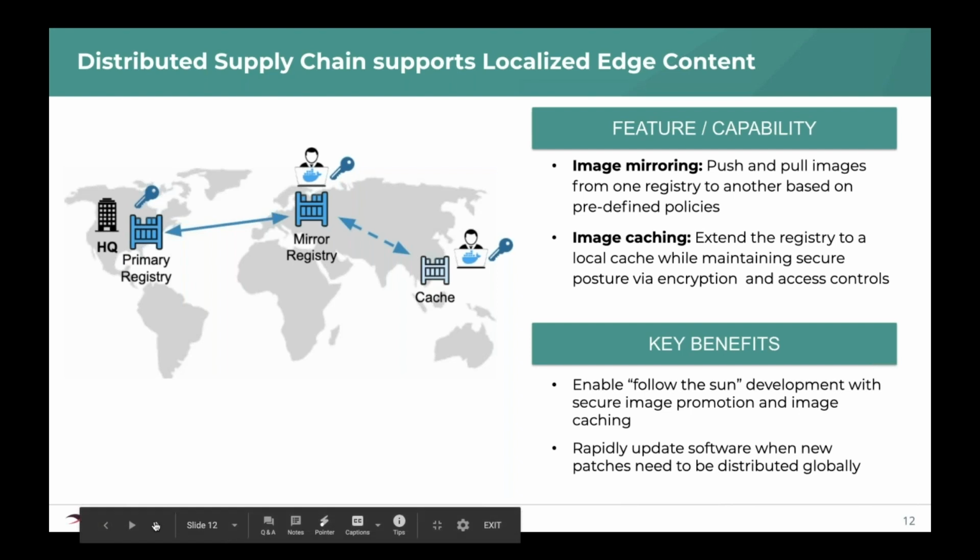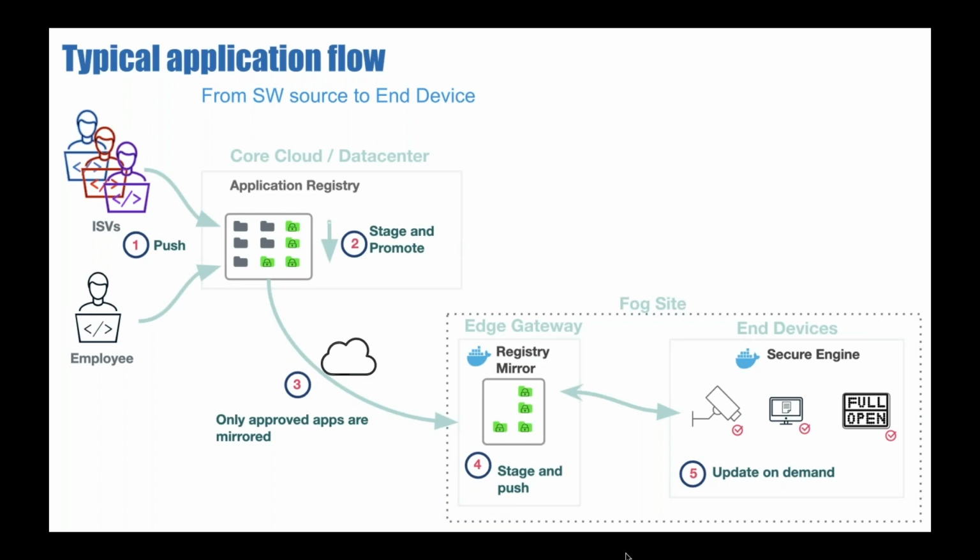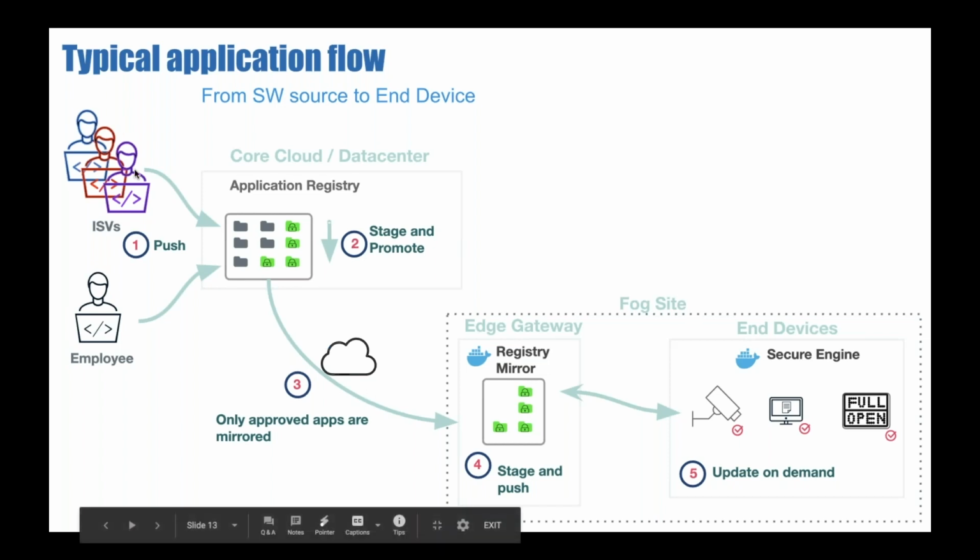Okay, all right. So let's talk about this from a practical standpoint. Yeah, exactly. So here's a picture of what the flow of applications would look like. This is the simple high-level image. On the far left here, you've got a number of ISVs creating images. So this is interesting now.